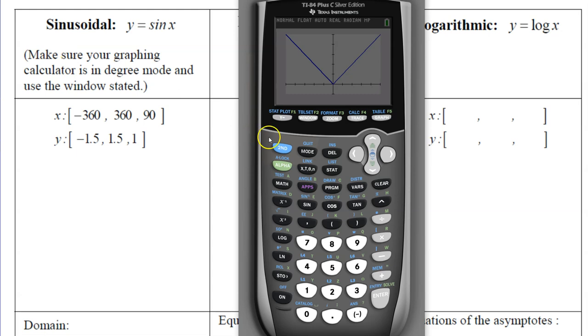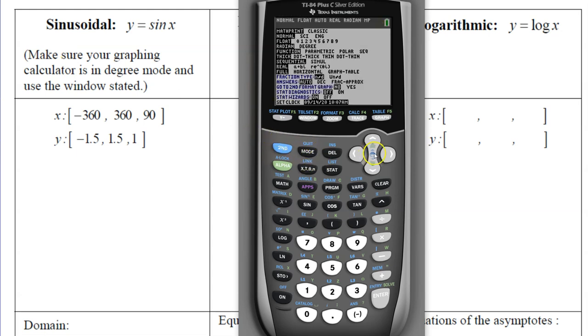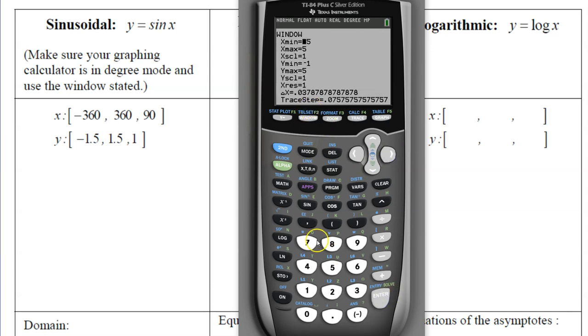Okay, so it says calculator in degree mode. So degrees. And put in the window that's stated. So 0 to 360 by 90s, and y from negative 1.5 to positive 1.5, and we'll go by ones.